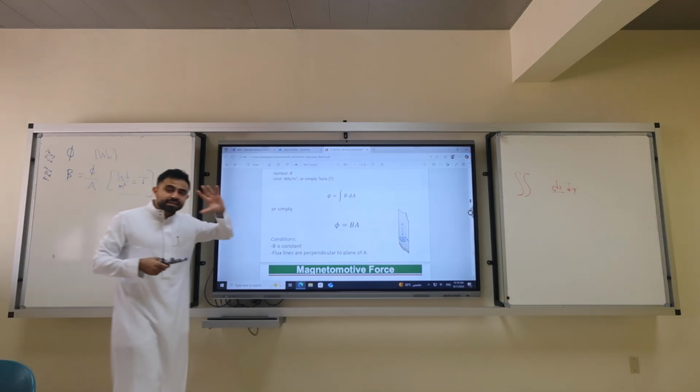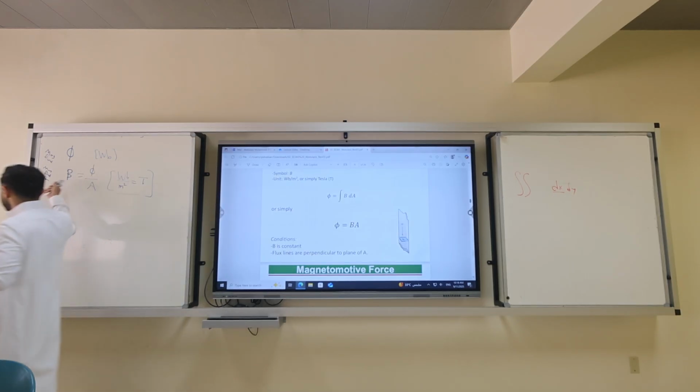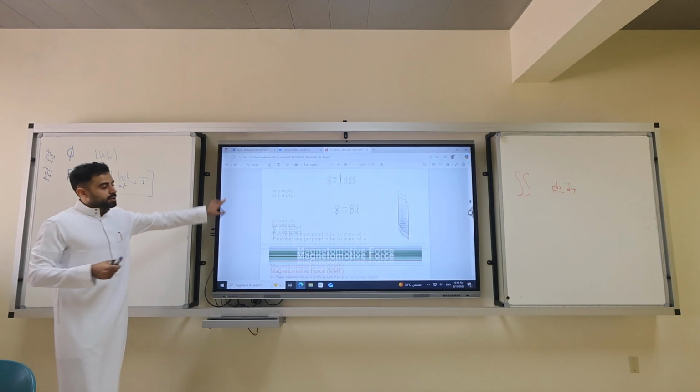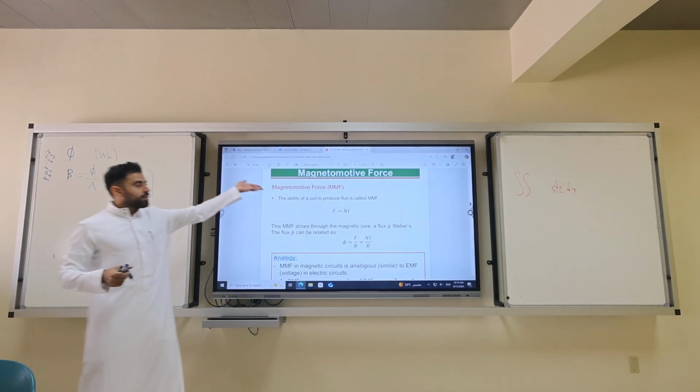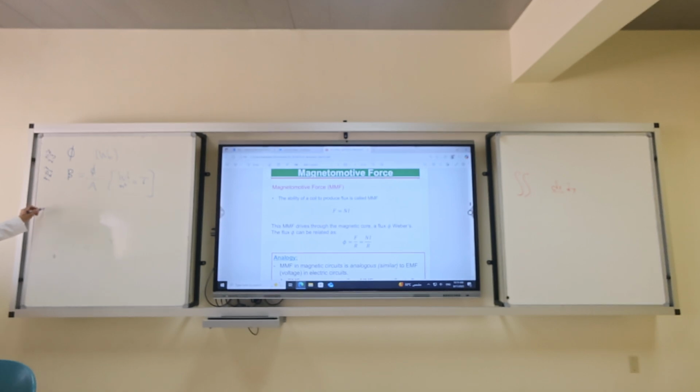So magnetic field intensity is not practical. What's practical is B. B is in Tesla, okay? Not only that, we have another quantity called the MMF, magnetomotive force. It has a symbol of F like that, okay?